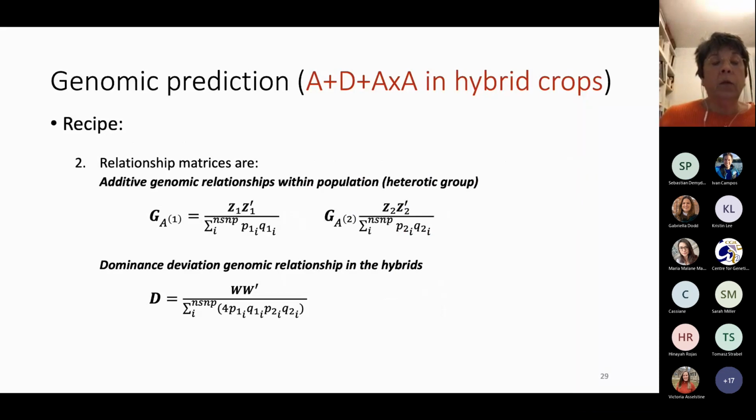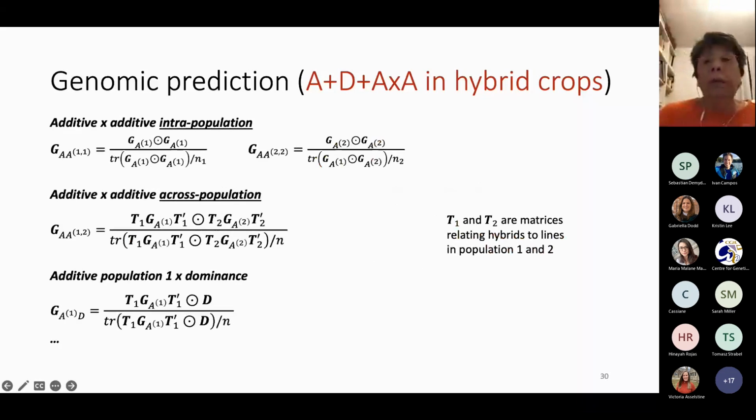With these matrices, we will define an additive genomic relationship within the population 1. We will define an additive genomic relationship matrix within the other population, within the other heterotic group. And then, with W, we will define the dominance genomic relationship in the hybrid. And with these matrices, it's possible to build all the epistatic matrices.